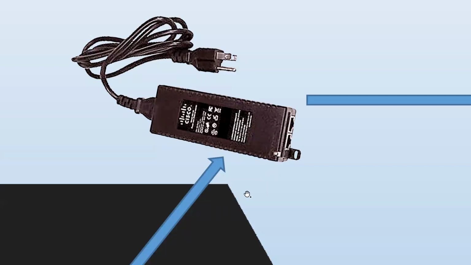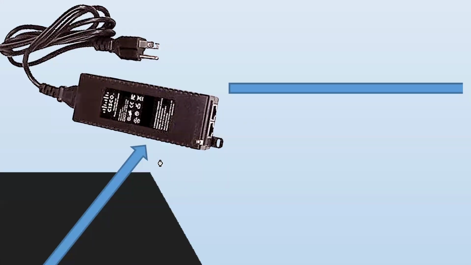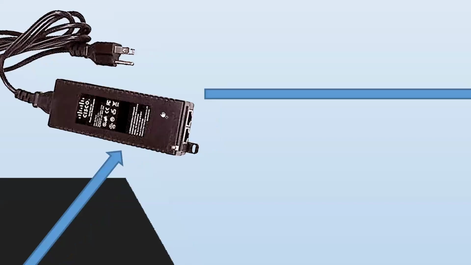One port goes to the switch, one of the switch ports that is capable only of signal, no power over Ethernet. The other port is provided with PoE, so the power is injected in that line.